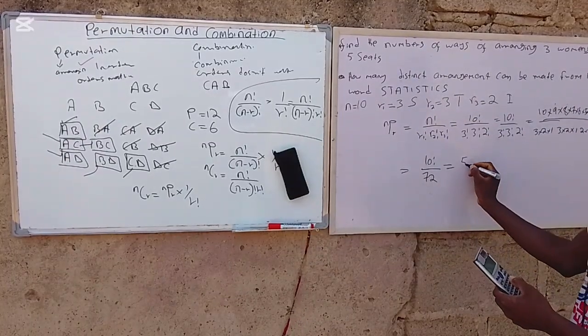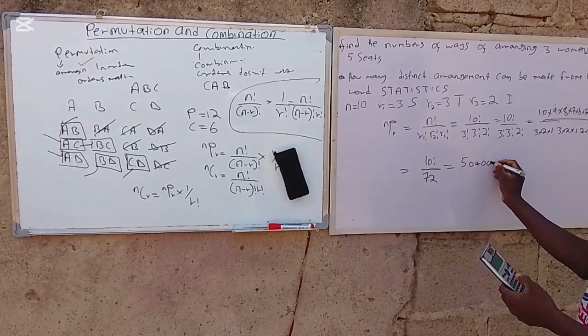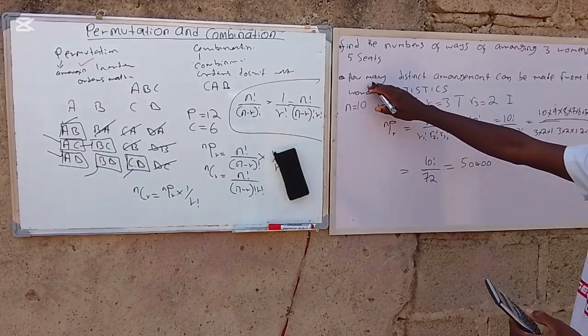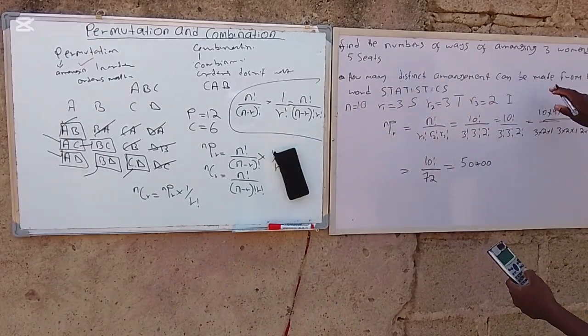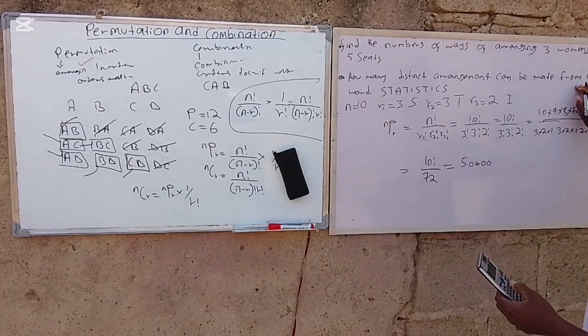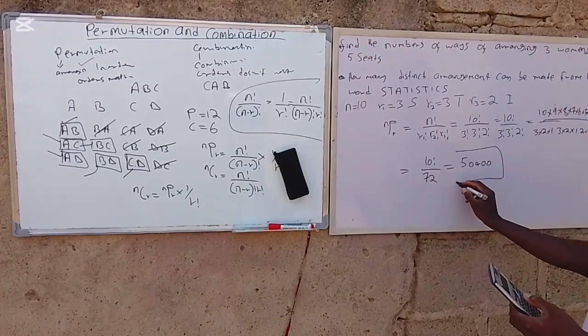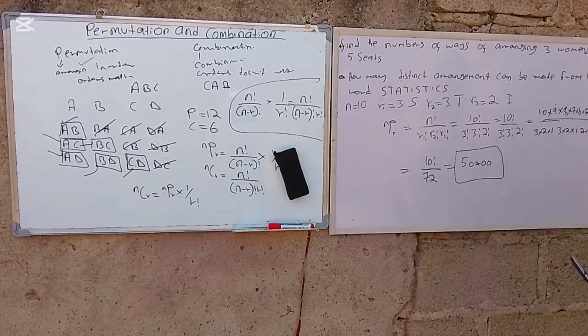This should now be 50400. So these are the distinct arrangements that can be made from this word.